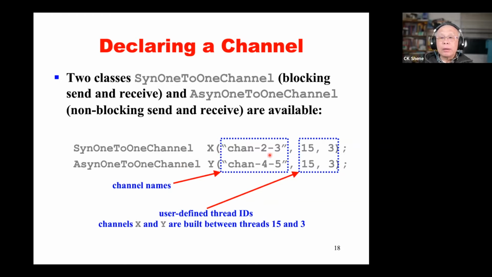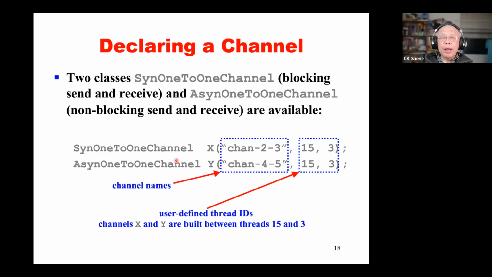And the second and the third arguments are the user-defined thread IDs, so that we are going to build a channel called X, which is a synchronous one-to-one channel between this thread ID and this thread ID. Therefore, here, the first line means X is a synchronous one-to-one channel.